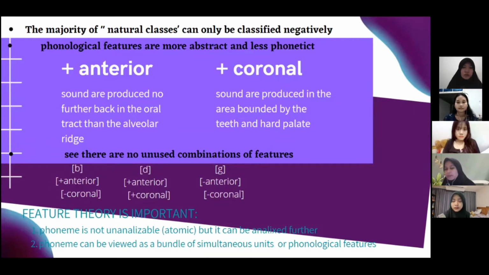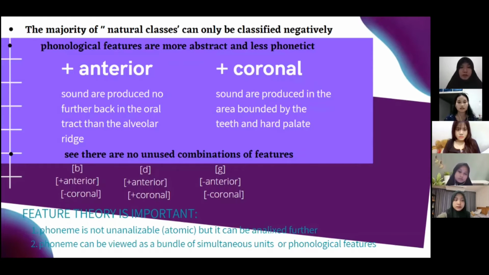And the second, phonological features are more abstract and less phonetic. So to express the feature of place of articulation of the sounds B, D, and G in phonology, only two binary features are used, that is plus or minus anterior and plus or minus coronal, or we can say positively and negatively.